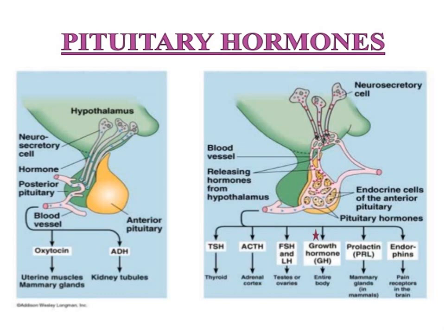Prolactin, PRL, acts on mammary glands and results in secretion of milk during lactation. Endorphins act on pain receptors in the brain, and this gives the concept of painkillers, which are analogs of these endorphins and decrease the sensation of pain.